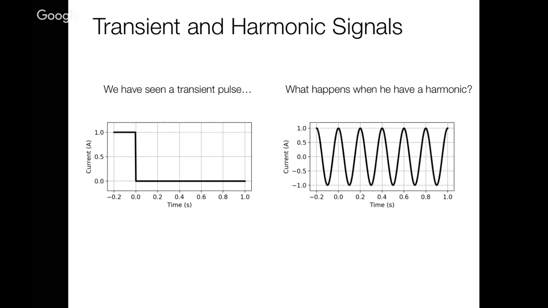Okay. But what happens if I do something a bit different, and instead of having a current that looks like this, I have a current that looks like this? So now it's going to be a harmonic current, right? So that complicates things a little bit, because now there's always a time-varying change of magnetic field in the coil, so I'm going to have to somehow keep track of that.